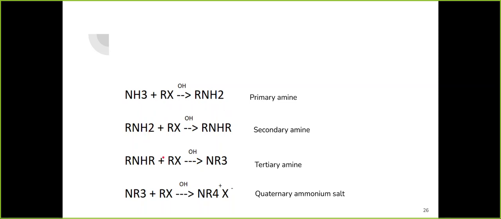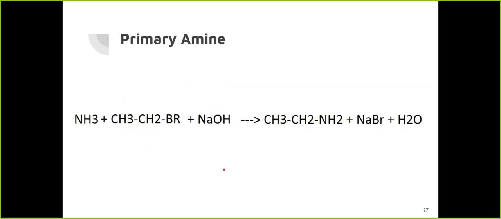This is kind of just a rehash of what we just went over. So you've got ammonia reacting with this to give you a primary. Then you can react it again to get a secondary, a tertiary, and if you go even further, you get a quaternary. So I guess that's just a duplication of what I already had. And here's some examples.